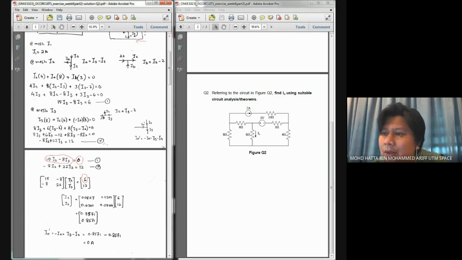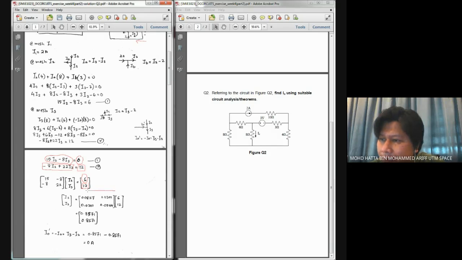And for the elements at the bottom, negative 8 times I2 plus 22 times I3, it is for the second equation. The second value is the value you see for the second equation at the right hand side.